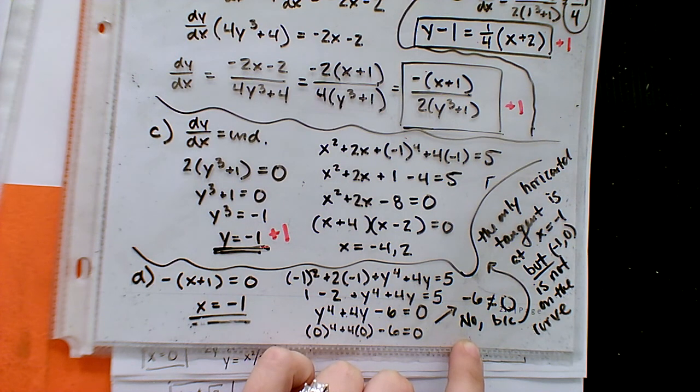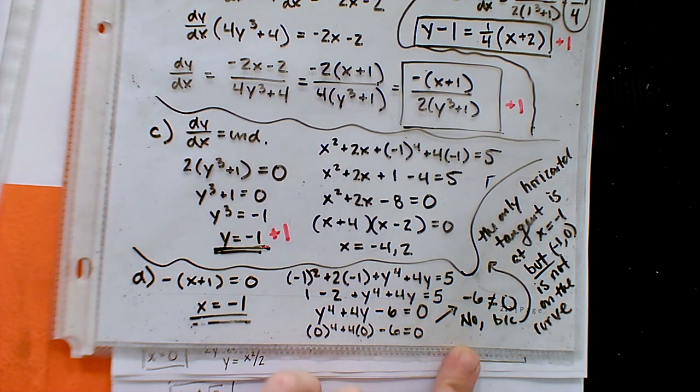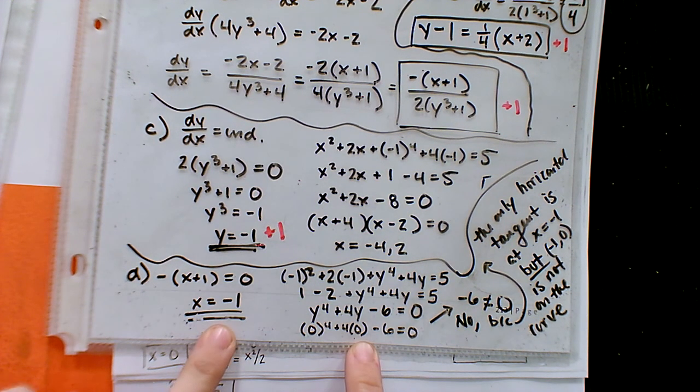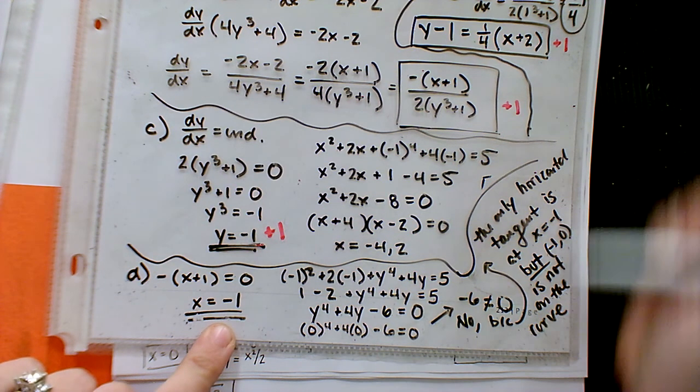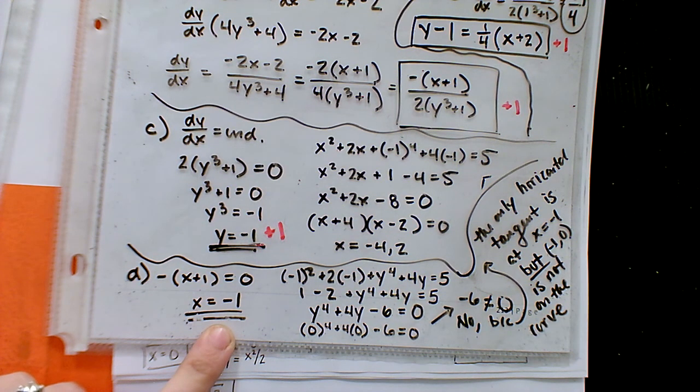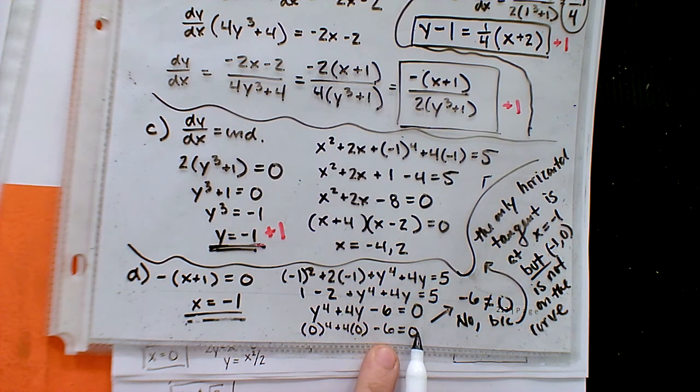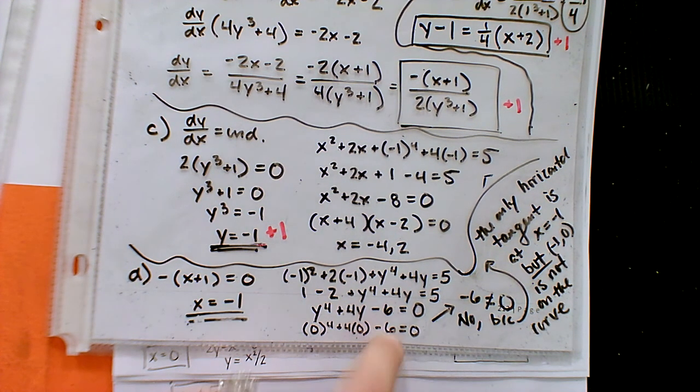Okay, you don't have that as an x-intercept. So we're basically taking the mathematical work we did and just rewriting it with words. Okay, so this is the only horizontal tangent, but notice how the x-intercept does not happen at that spot.